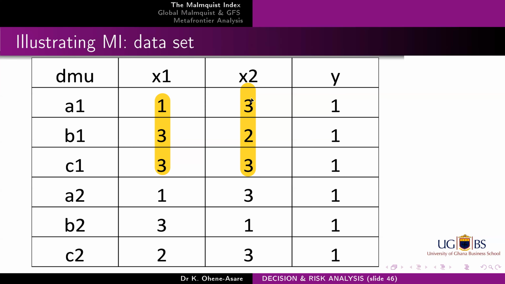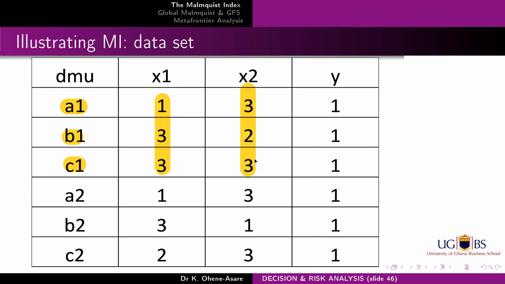And then for the second input constraint, 3 lambda A1, 2 lambda B1, 3 lambda C1, less than or equal to 3 theta again.